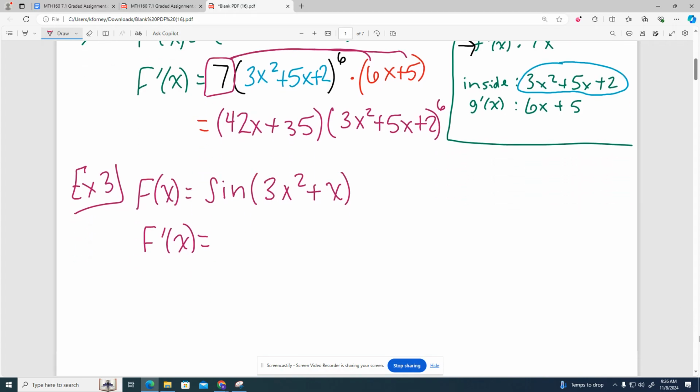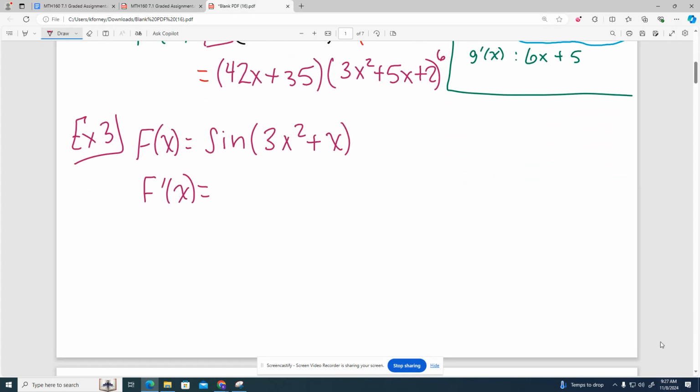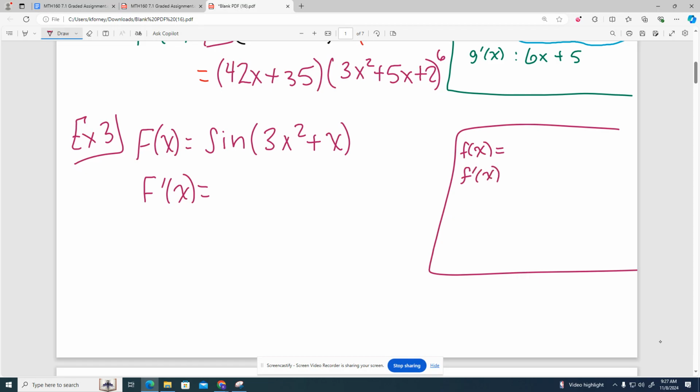So we need to identify f of x, which is the outside, identify the inside, and then find the derivative of each.